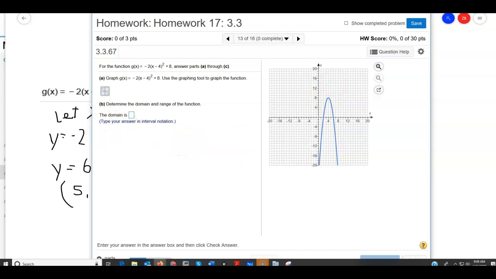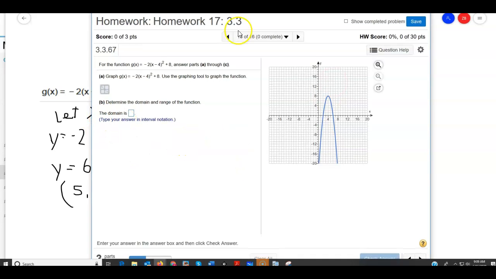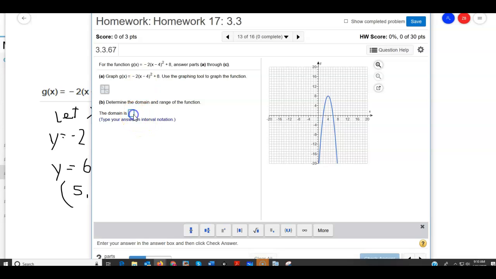Now the next thing it asks is the domain, and remember we've talked about the domain a few times. The domain asks, is there any x value that I can put in here that makes this function either undefined or gives me back an imaginary number? And the answer is no. The only time we have restrictions is when we usually have either a radical or a quotient fraction, or sometimes when we're dealing with logarithms.